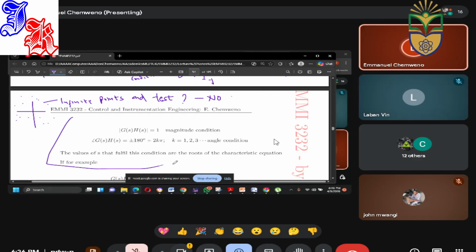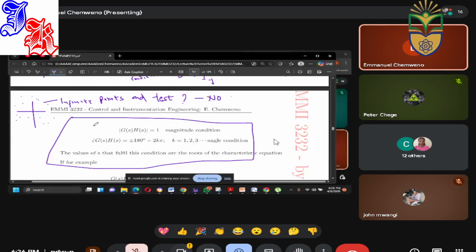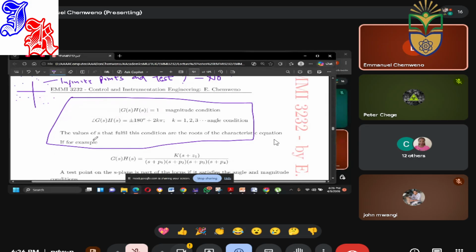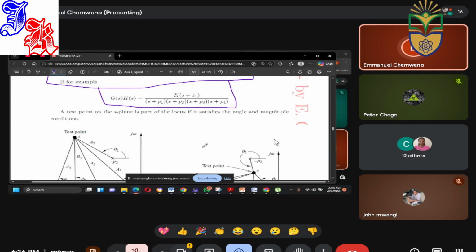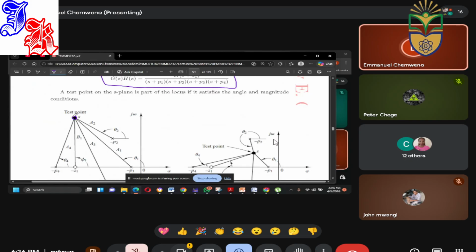So we are going to disregard this, but it's good to understand that you need to test any point. How to get the magnitude? If you want to know whether this point is part of the locus, with your poles and zeros located there, this is a graphical method.